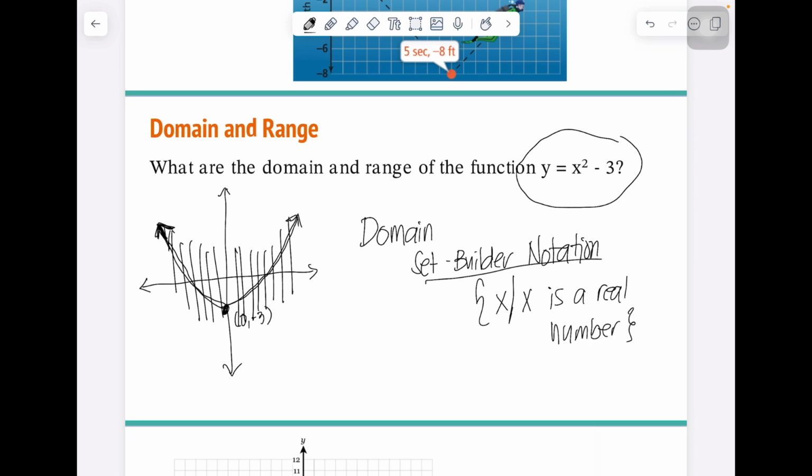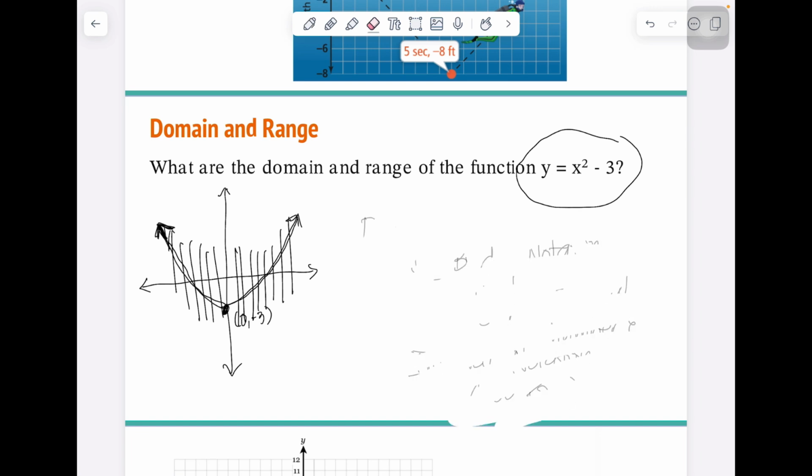And if you're being asked for interval notation, you write from negative infinity to positive infinity, right?